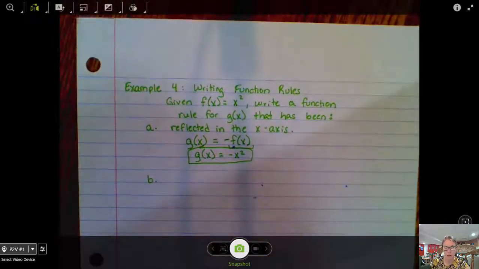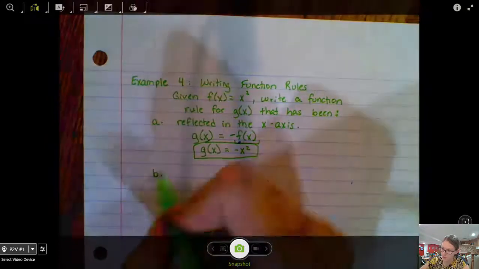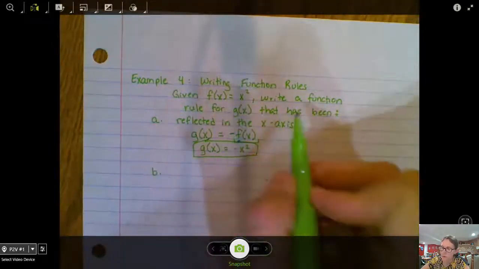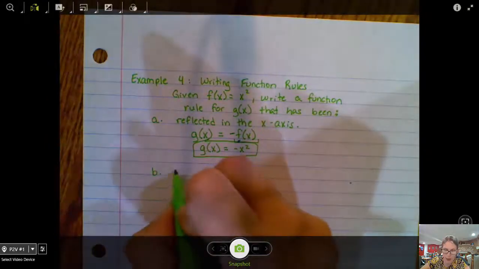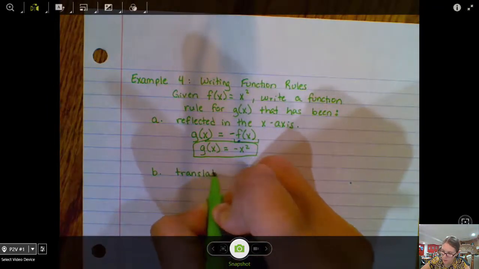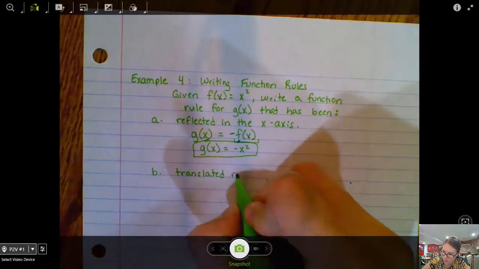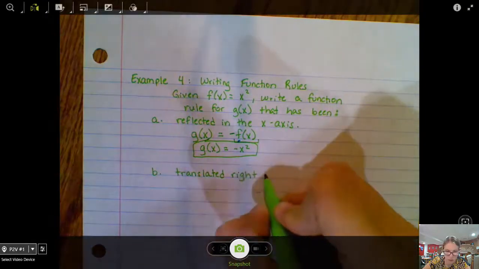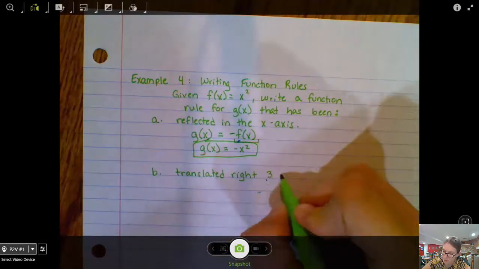All right, let's write a function rule for g of x that has been translated right 3 units.